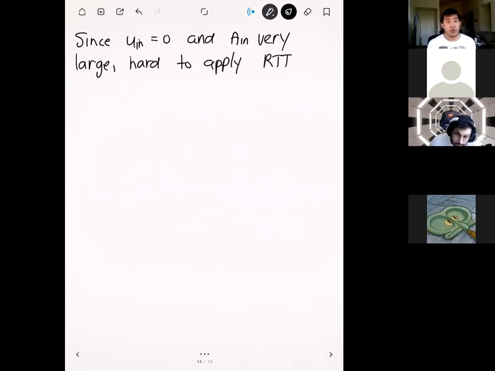Because remember, as part of RTT, we have to multiply by the carrying velocity and the area. But when the area is not really given to us and is really, really large, and our inlet velocity is 0, this makes it really hard to do.